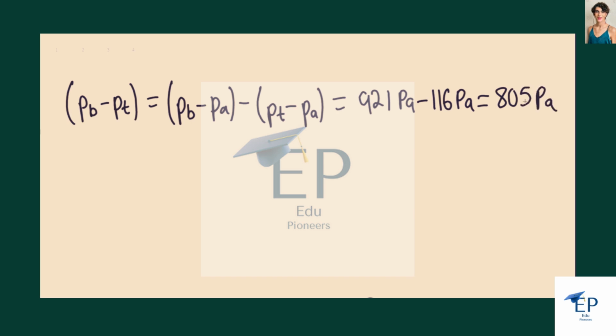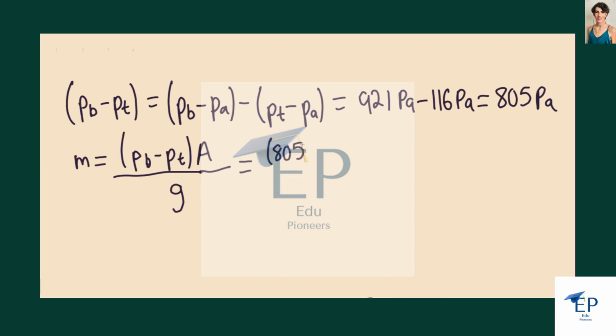And that's how we would find the mass and, subsequently, the density. So the mass would equal the difference, P sub B minus P sub T, multiplied by A divided by g. This equals 805 pascals multiplied by 0.0100 meters squared, and then divided by 9.80 meters per second squared.